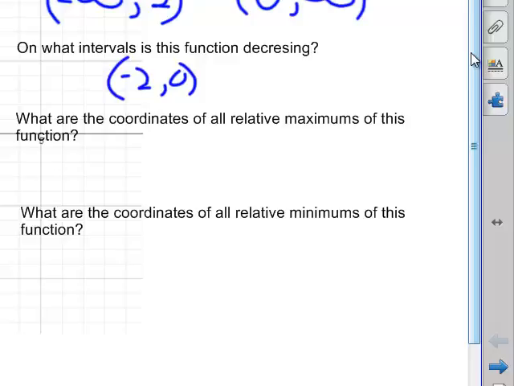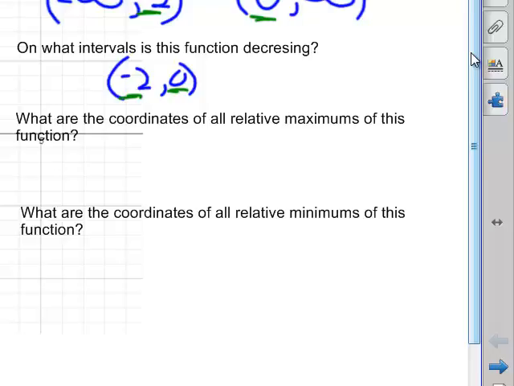Now I want us to stop and look at something right here. Do you see anything special about the numbers that we wrote in there? Negative 2 and 0? When you look at the function, do you see anything special about these places right here, negative 2 and 0?